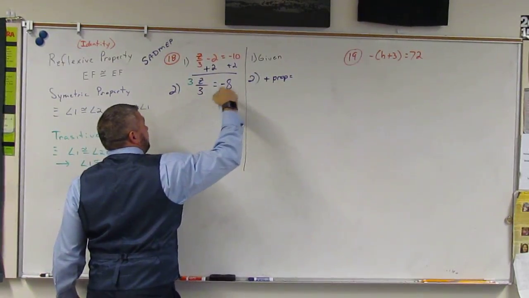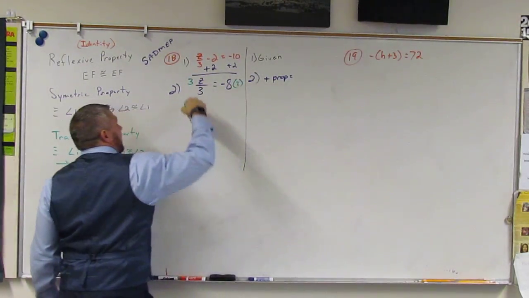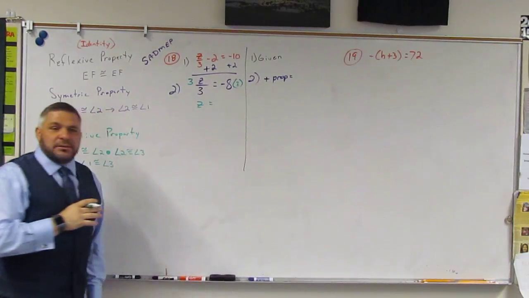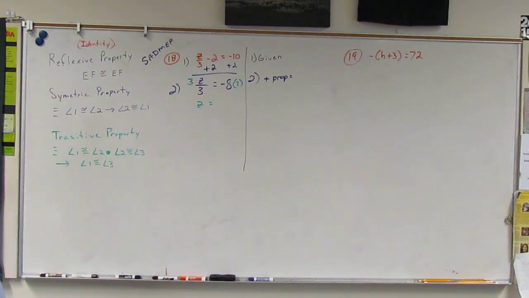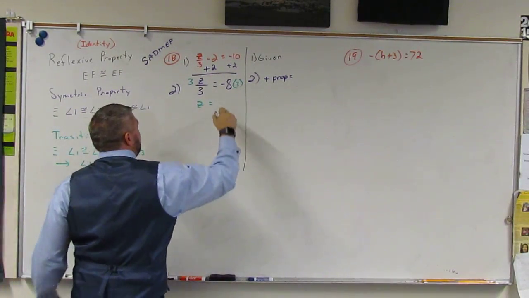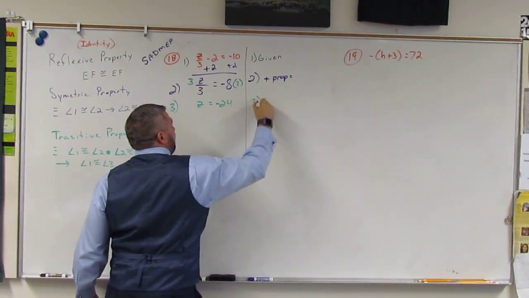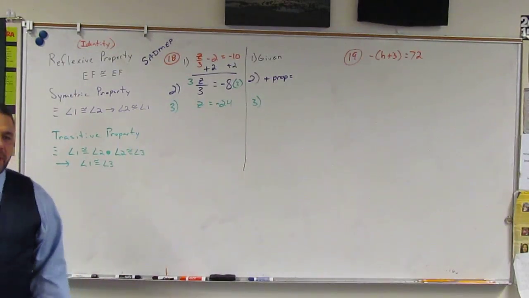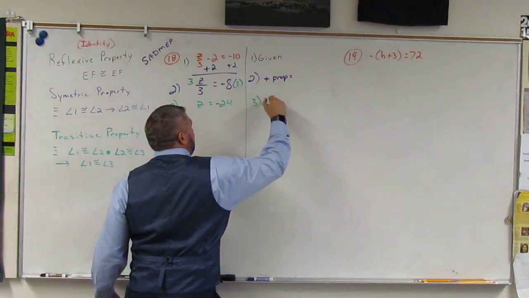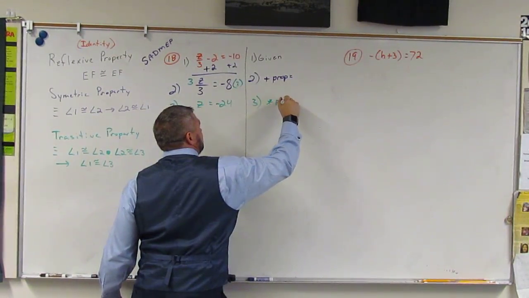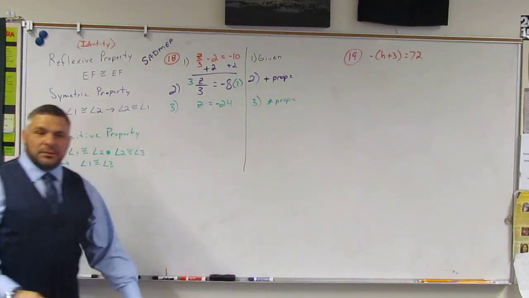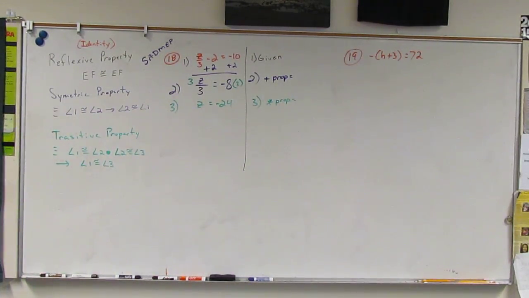What'd you do to one side? Okay, so Z is equal to what? Negative 24. Okay? So what's our third step? Yes. Multiplication property of equality. That's it.